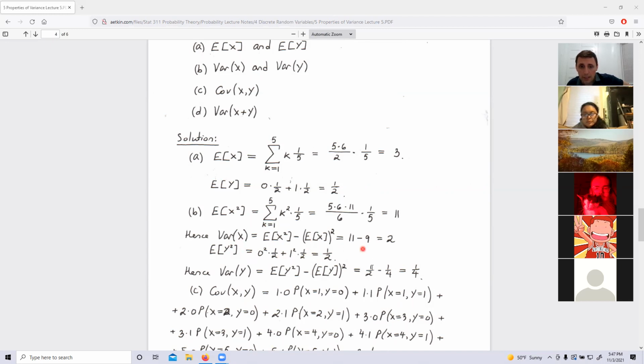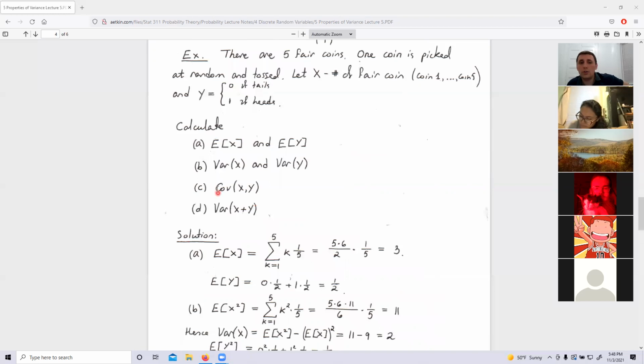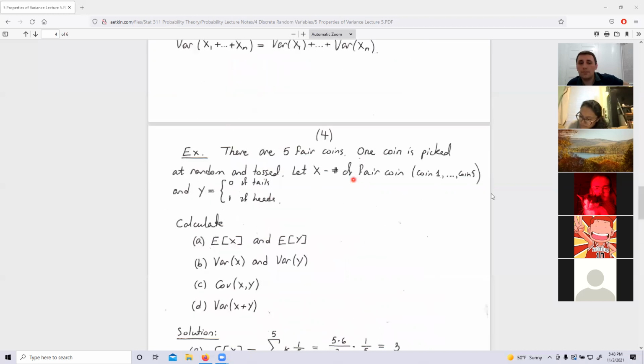So it's 1/2 minus 1/4, which is 1/4. So variance of y is 1/4. Variance of x is the expected value of x squared, 11, minus the square of 3, so minus 9, which is 2. Good. Now, what is going to be, do you think, covariance of x and y?